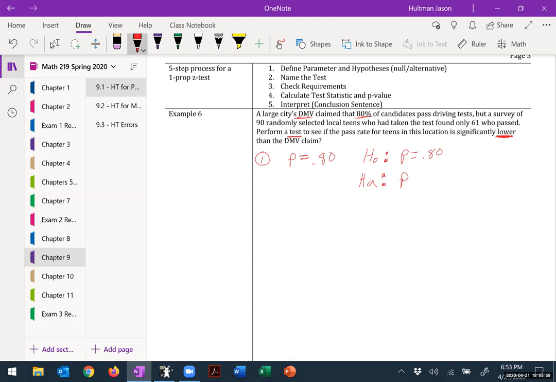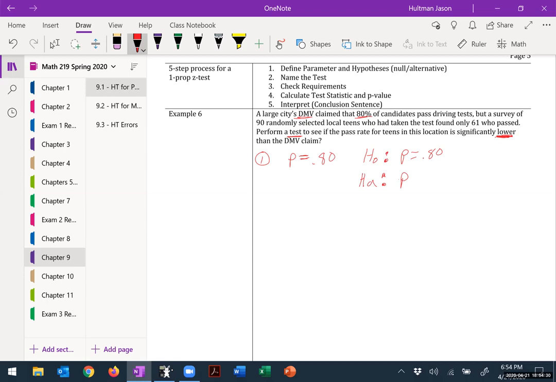So now what are we testing? What's our alternative? Well, if it's equal, it could either be greater than or it could be lower than. We could have an alternative that's greater, not equal, or lower. In this case, we're looking for: perform a test to see if the pass rate for teens in this location is significantly lower.